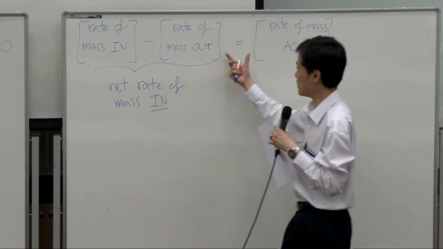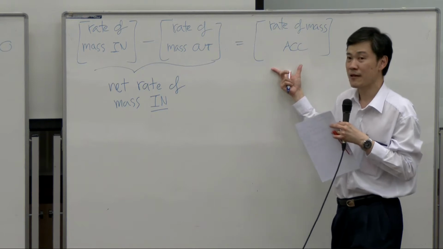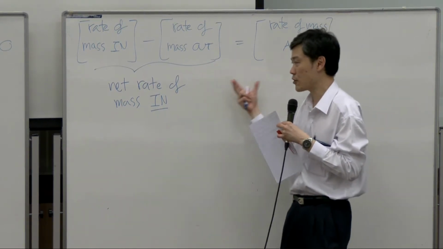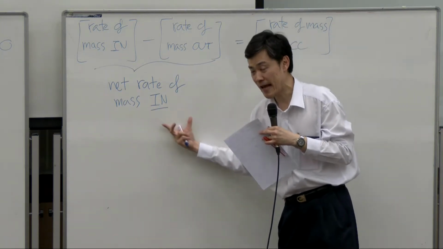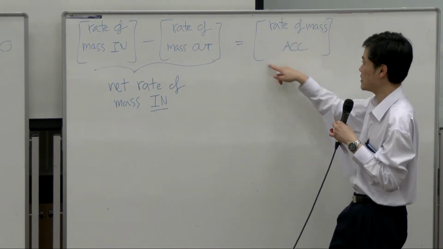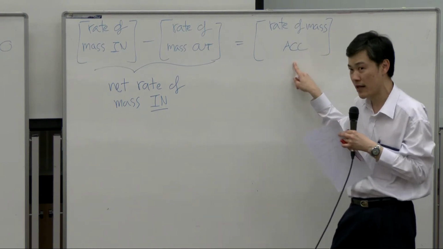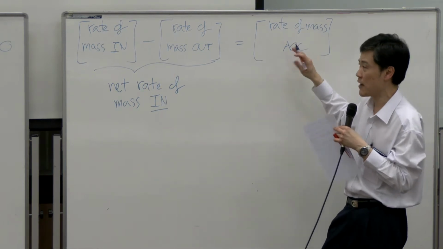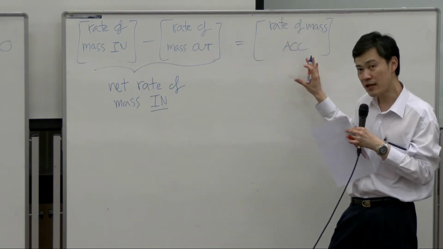Mass going in should equal whatever you have more, just like with money, whatever you gain is deposited into your pocket. So this is the rate of mass accumulated. If the accumulation term is positive, you have more mass accumulated in the system.